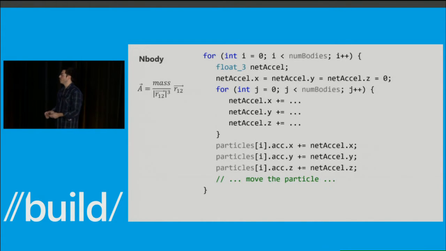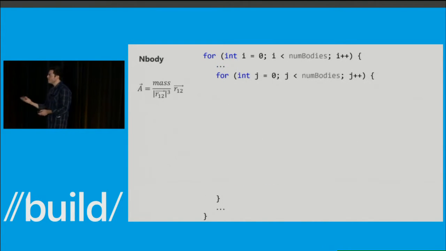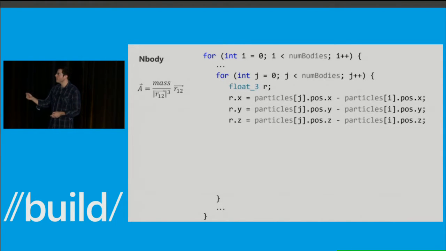This is pretty straightforward. What I'm interested in is the body of the innermost loop. We need to compute the vector distance between the ith particle and the jth particle, and that's what goes in this R.